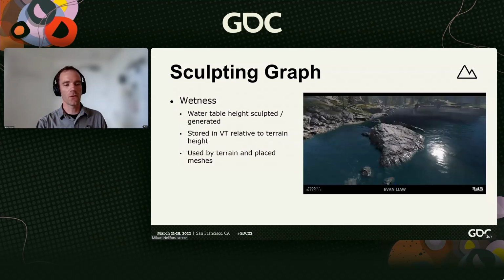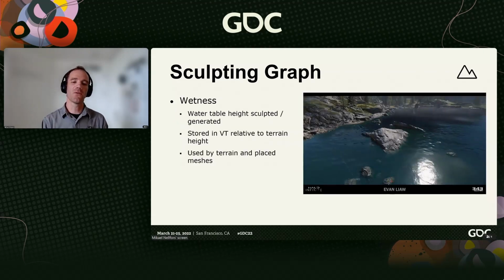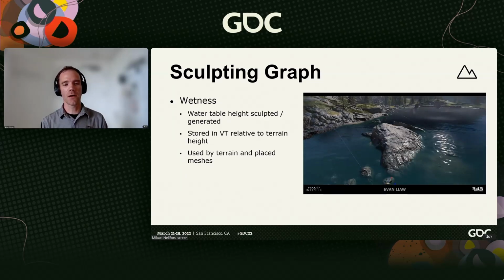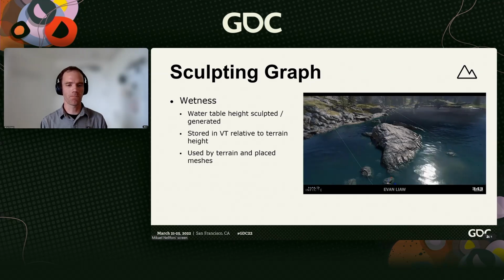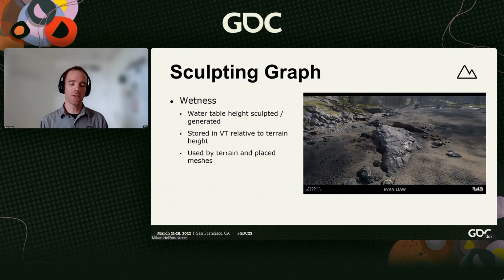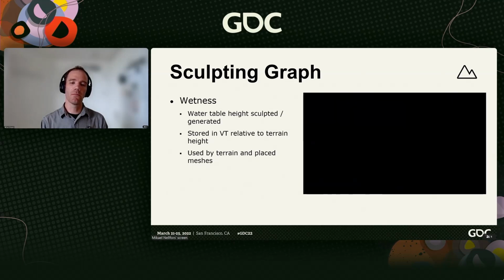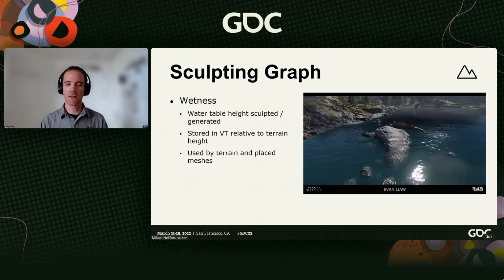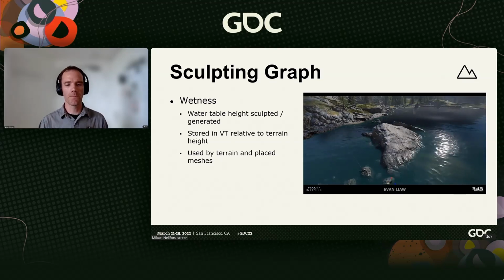Finally, another thing we do in the sculpting graph is we have this idea of wetness. So the wetness is kind of like another height map that describes where the water table is. We use this to do things like create the appearance of mud around the edges of the lake instead of just dirt.